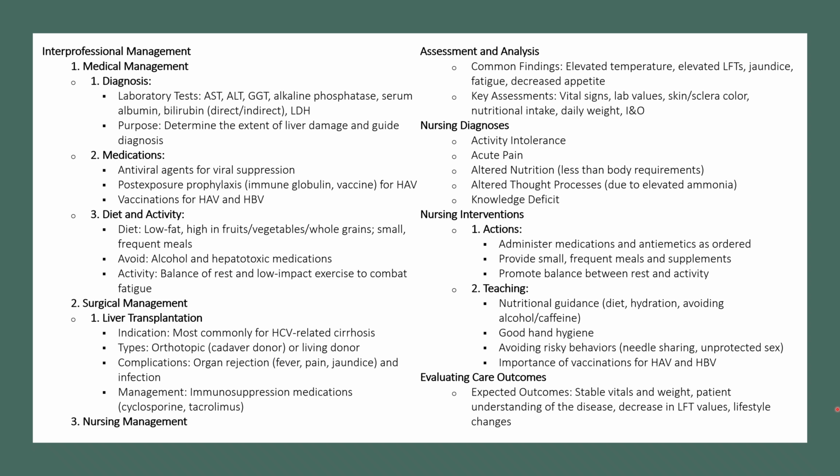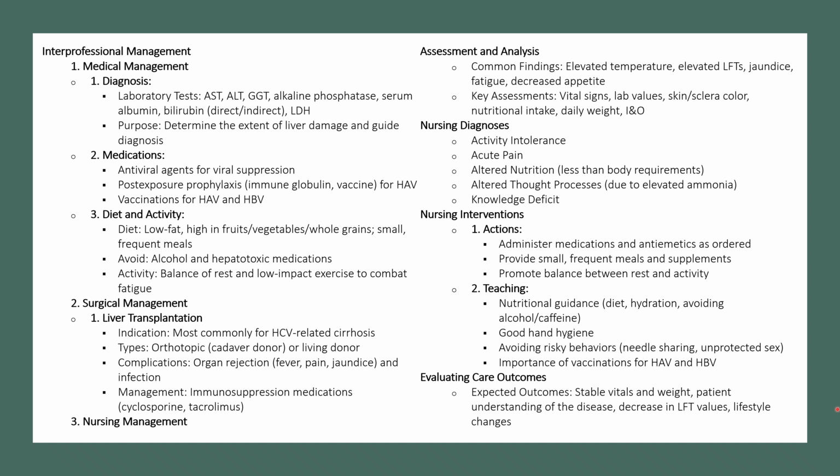Of course, vaccines for hepatitis A and B are a key preventive measure. Diet and activity are also crucial. We encourage a low-fat diet, high in fruits, vegetables, and whole grains, and suggest small frequent meals. Patients should avoid alcohol and hepatotoxic medication and balance rest and low-impact exercise to fight fatigue.